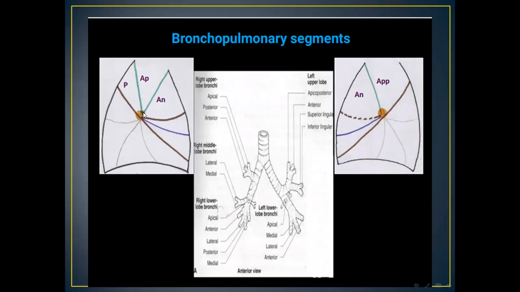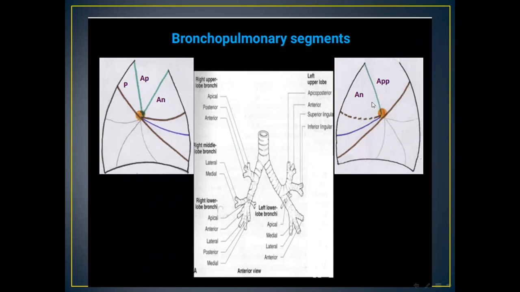The upper lobe is divided into anterior segments supplied by the anterior bronchus, apical, and posterior. The middle lobe is divided into two segments, lateral and medial. The medial segment is near the heart. The lower lobe has the superior segment and the basal segments: anterior, medial and lateral, and posterior. This is the right lung.